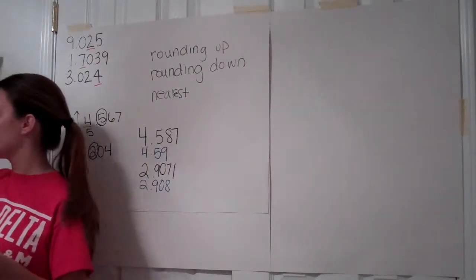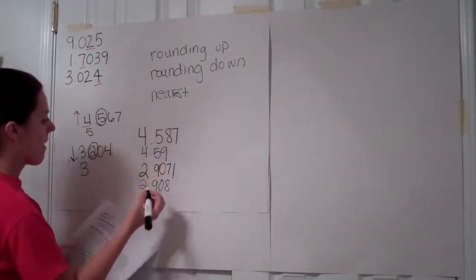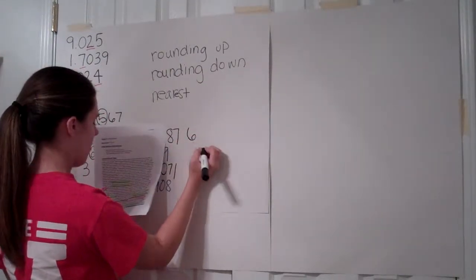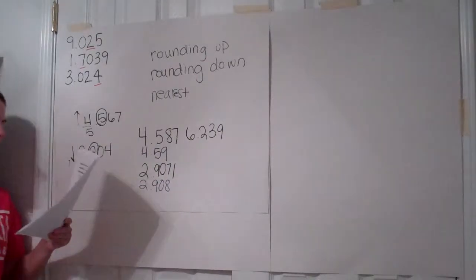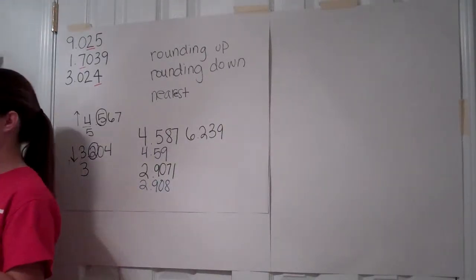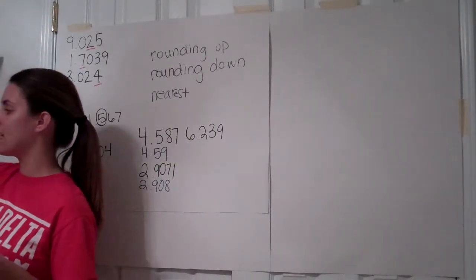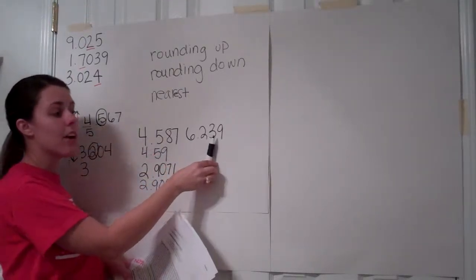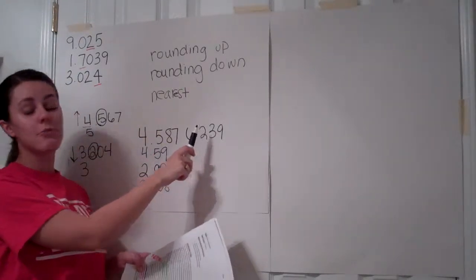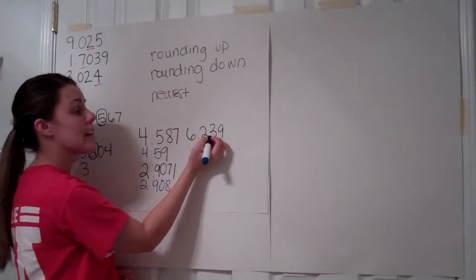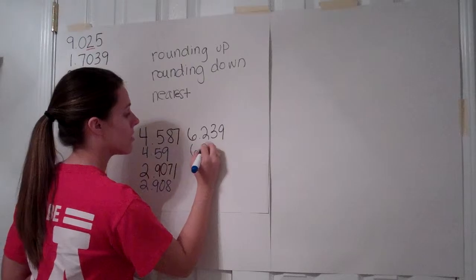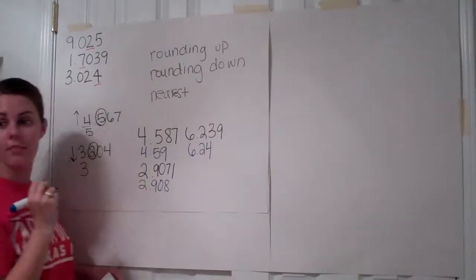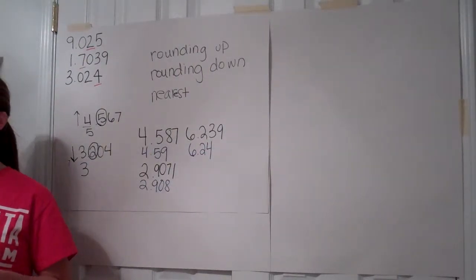Okay, so let's round 6.239 to the next hundredth. So we're going to look and see that since we have a 3 in our hundredth place, and we know that 4 comes after 3, our next highest hundredth is going to be 4. We're going to round to 6.24. Everybody understand that? Good job.